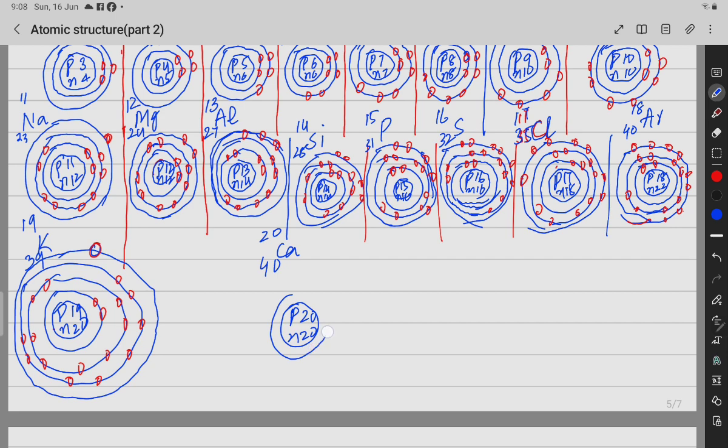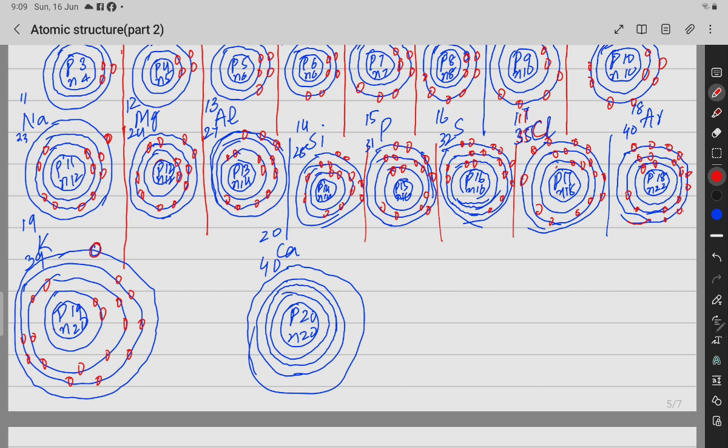First shell, this is second shell, and now we have fourth shell.